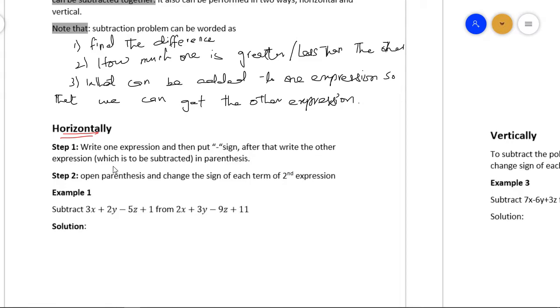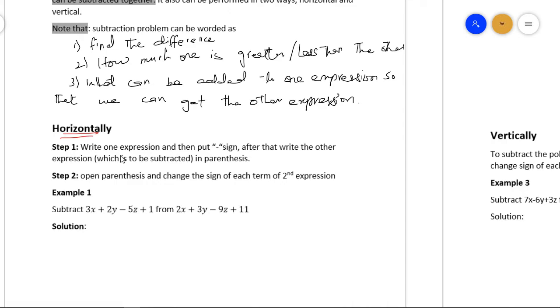After that, write the other expression, which we have to subtract, in parentheses. We will do it in the example. After that, you have to open the parentheses and change the sign of each term of the second expression. So let's do it.